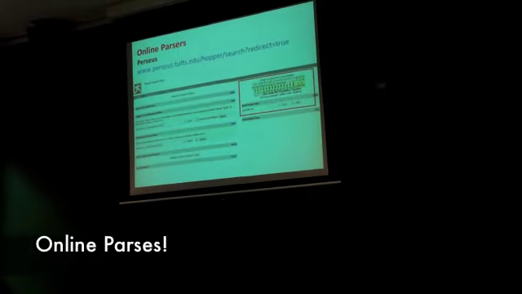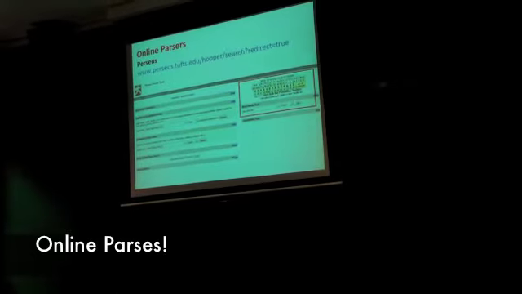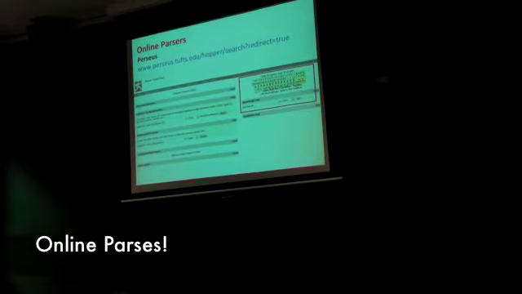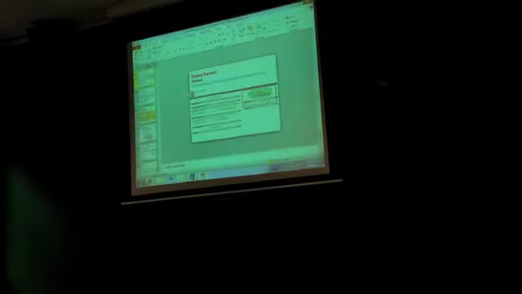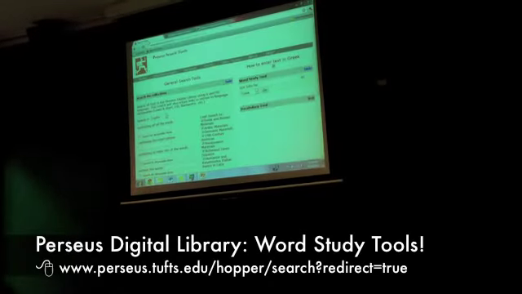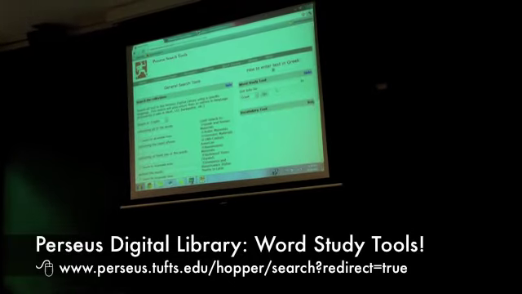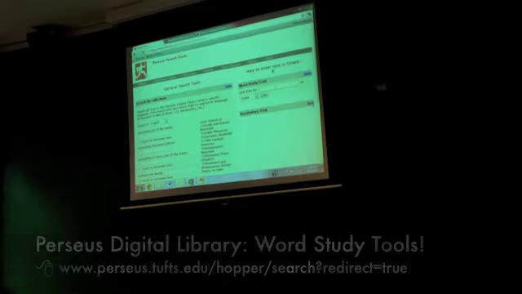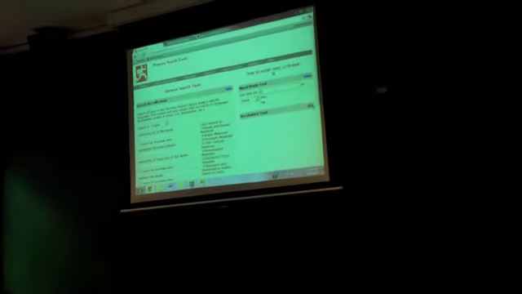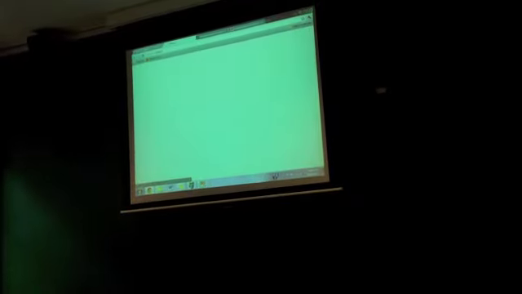Online parsers. You probably haven't come across parsing yet, but it's basically breaking down a word. A great online tool for this is the Perseus website by Tufts University. So if you just follow the link that's on your handout, go to the word study tool, use any Greek word, click enter, and make sure you've got Greek.